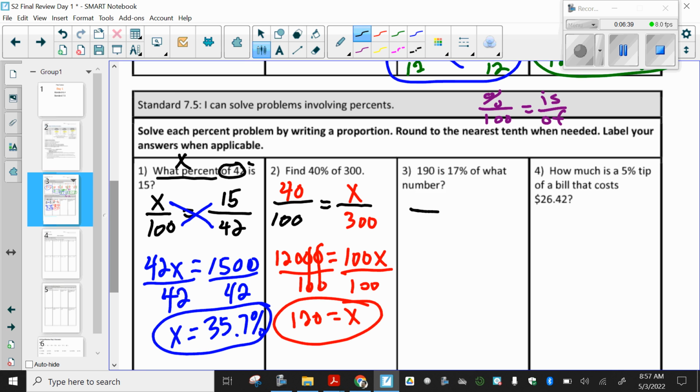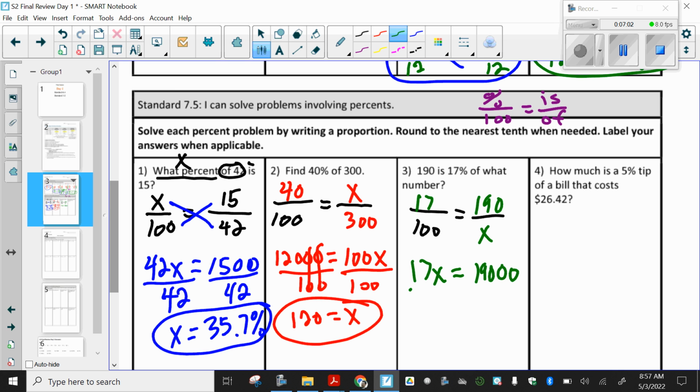Let's do it again. Percent over 100 equals is, oh, nope, I don't want to actually write the word out. Sorry, I shouldn't have started saying that loud. Blank. Let's do green this time. I have 17%. I have 190 is, and I have our x down here. So we're going to multiply this way. 17x equals 190 times 100, so 19,000.